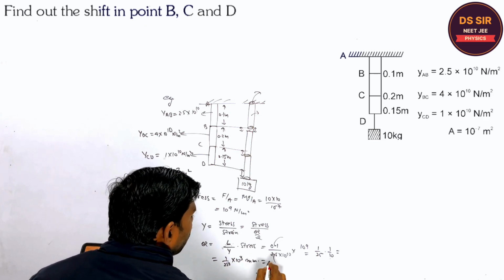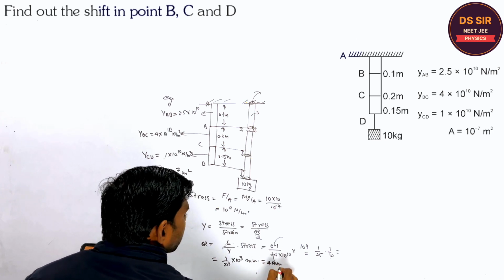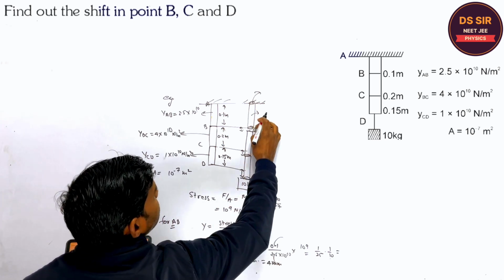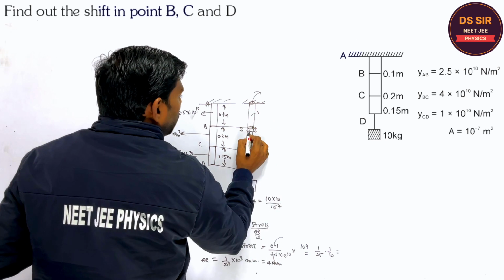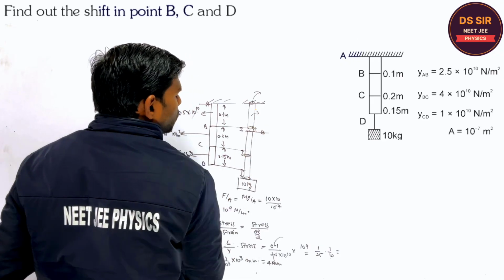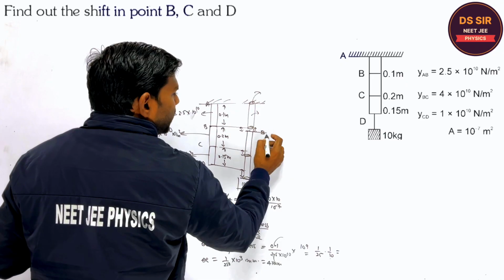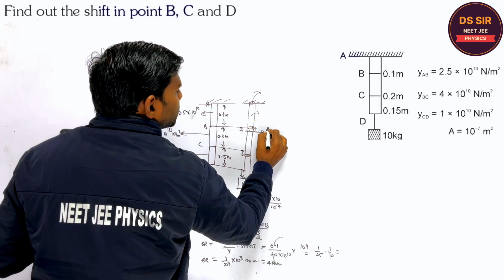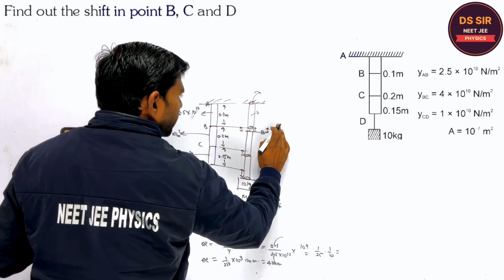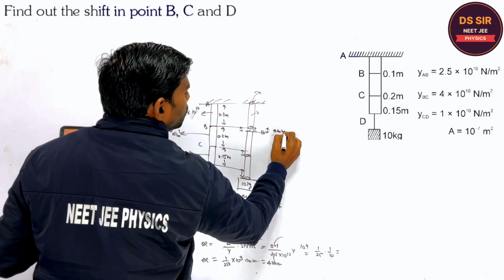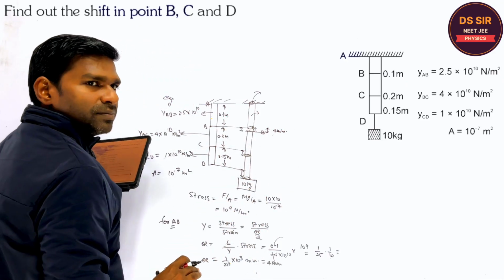So it is equal to 4 millimeter. So delta L is 4 millimeter, and the point B is shifted by 4 millimeter. You understand or not? Please tell.